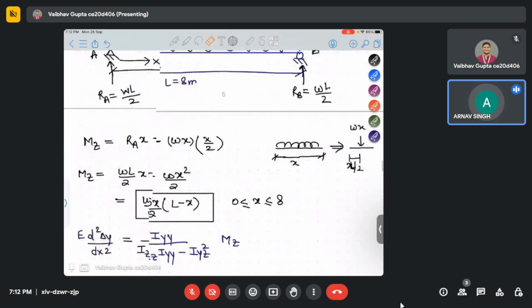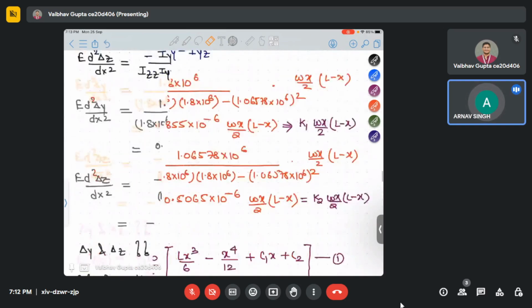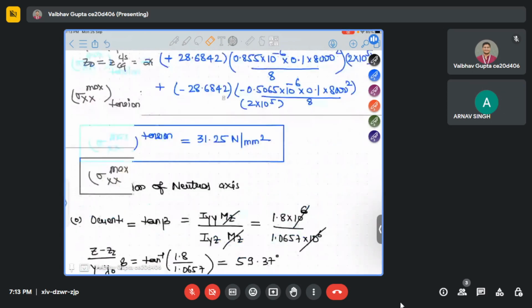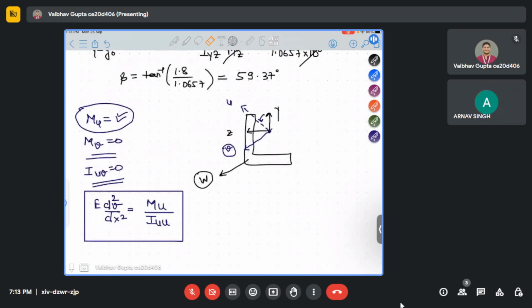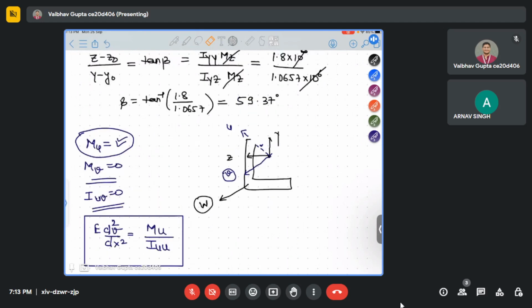Sir, so what is the formula for clockwise and anti-clockwise? Formula will be the same. Only rotation will change. Okay, sir. See here, for this question only, if you resolve this Y, if this is theta, then what will Y be?